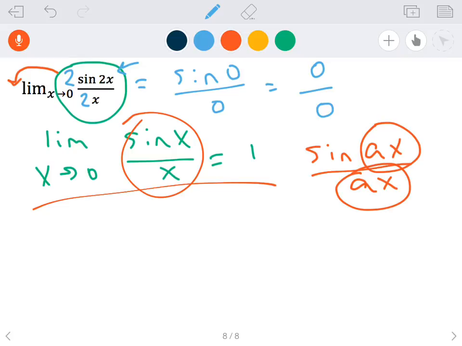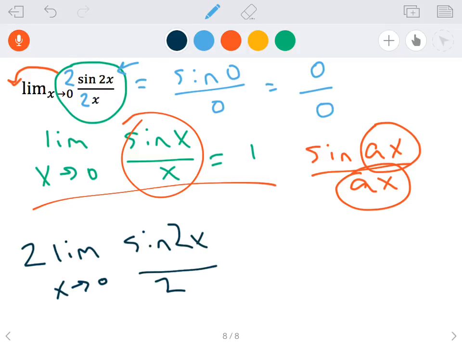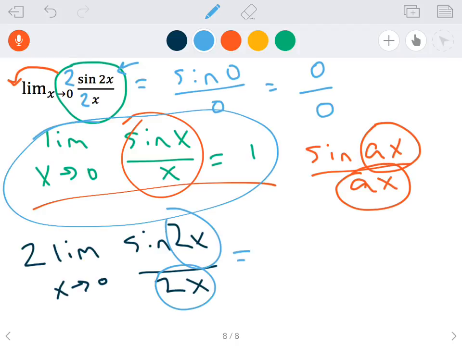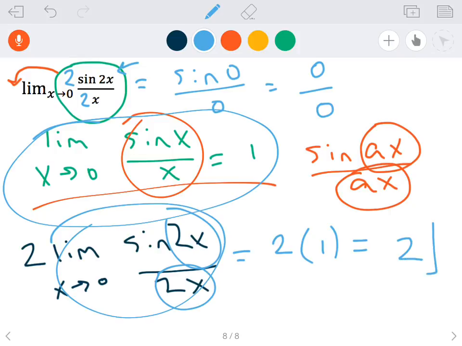So I can rewrite this problem to say 2 times the limit as x goes to 0 of the sine of 2x over 2x. And because this matches this, I can apply this limit, and I can say that that's 2 times, and this whole limit is 1. 2 times 1 gives me 2, and we are done.